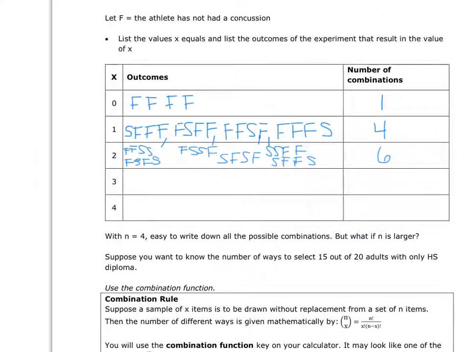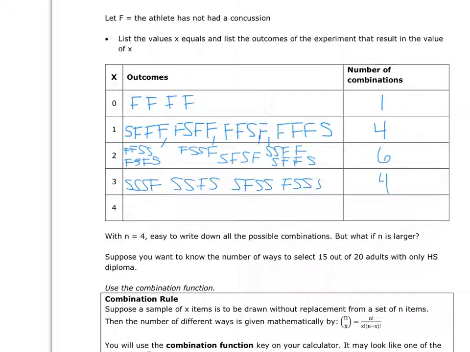All right, now what about 3? So we can have the first 3 be yeses. We could have all but the third one, all but the second one, all but the first one. So there are 4 different ways that we can have that combination of 3 S's and 1 F. So for X equal to 3, there are 4 possibilities.